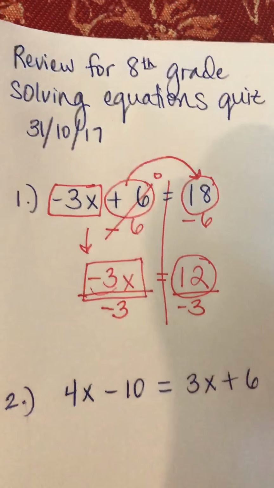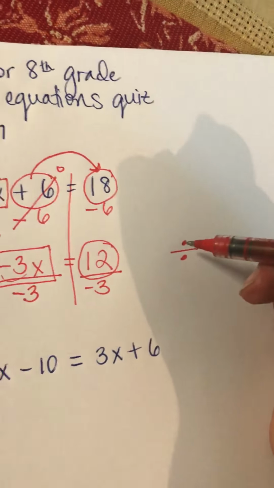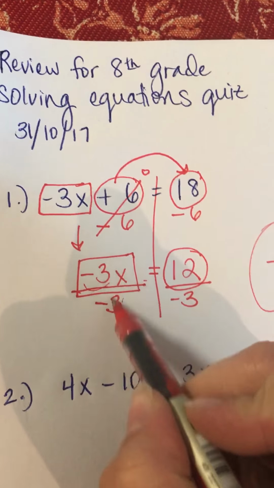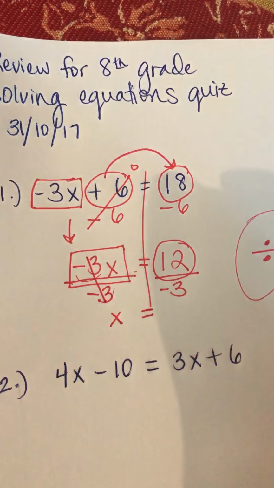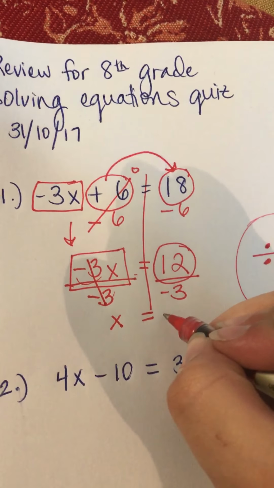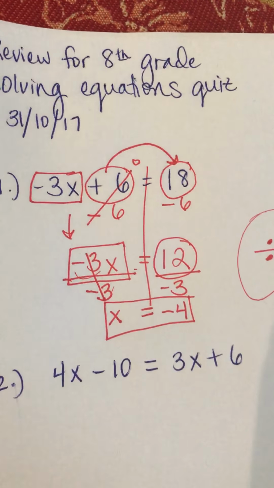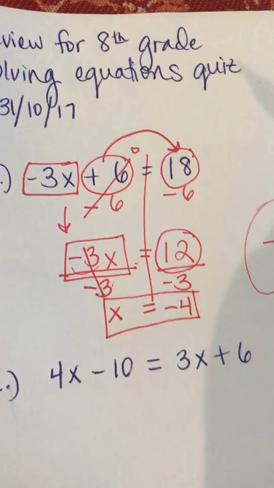So I'm going to divide. Remember, division is this symbol. This is division. So I want to divide by negative 3 so that this gives me 1x, which is just x. And this over here is 12 divided by negative 3, which gives me negative 4. Because my x is isolated or all alone and my constants are on the other side, I am finished with this problem.